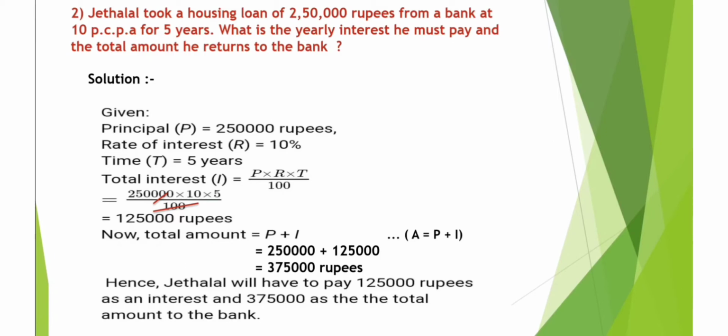Now they have asked to find the total interest, plus they have told to find the amount. Now according to our formula, principal, rate of interest and time is already given in the question. The interest formula is P multiplied by R multiplied by T divided by 100.